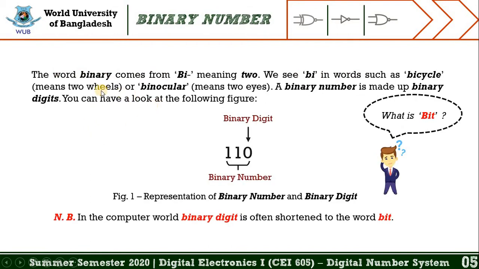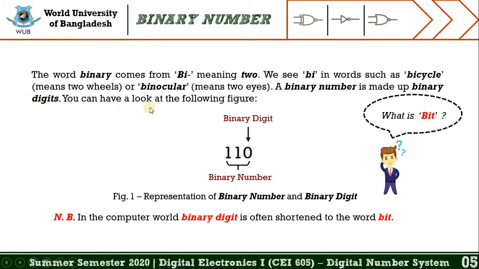From this slide, you may learn what a binary number is. The word binary comes from bi, which means two. We see bi in words such as bicycle, meaning two wheels, or binocular, meaning two eyes. A binary number is made up of binary digits.